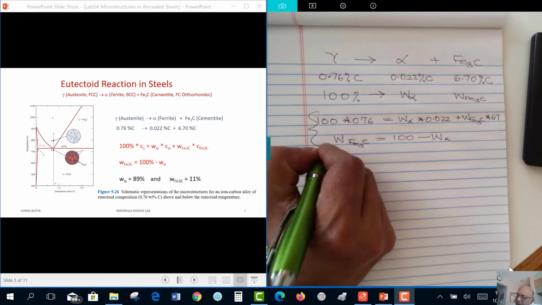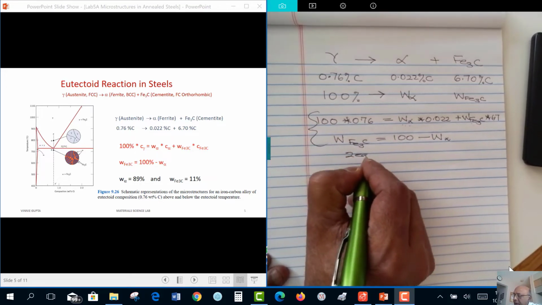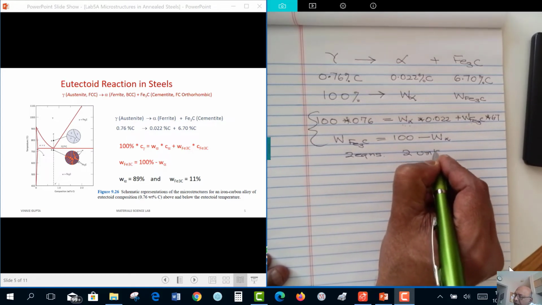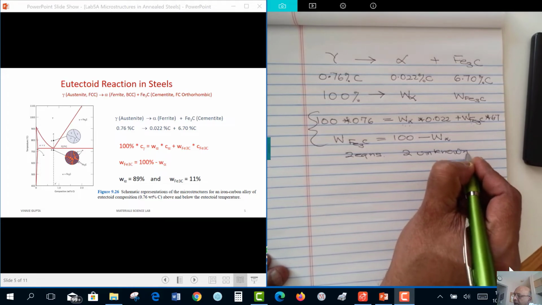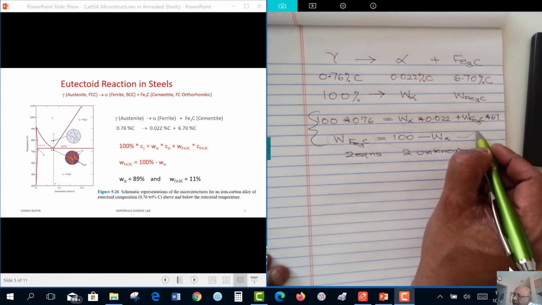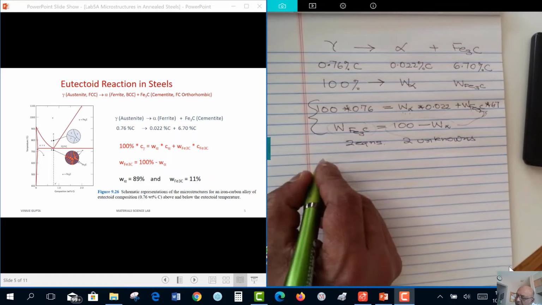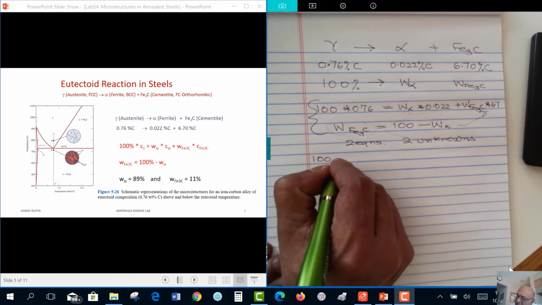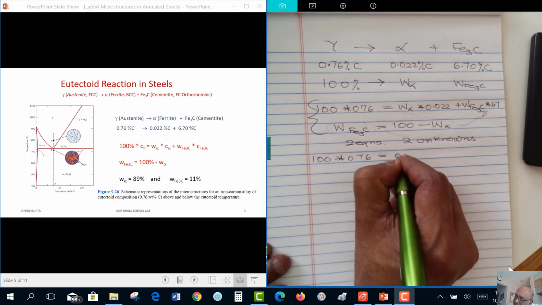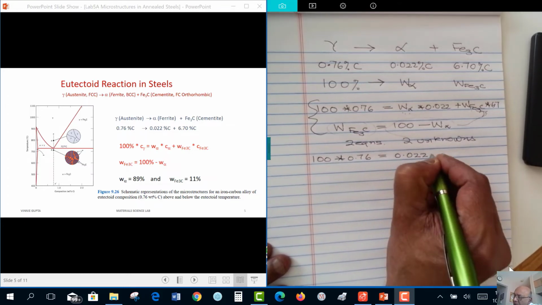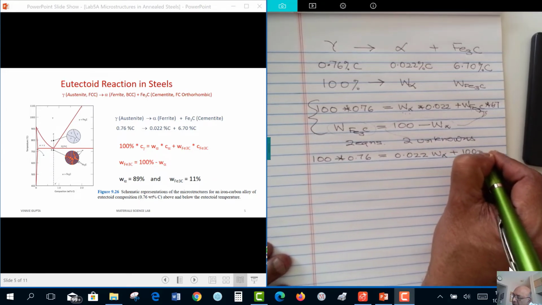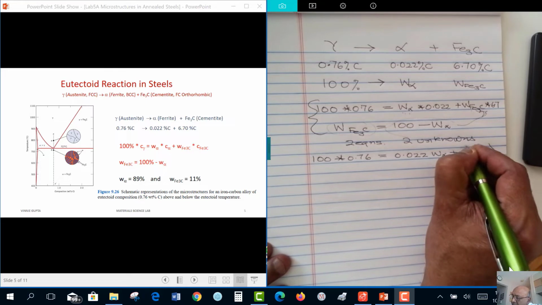So now we have two equations, two unknowns, and we can solve for both of them. The easiest is to just substitute this here, right? So we will get 100 times 0.76 is 0.022 W alpha plus 100 minus W alpha times 6.7.